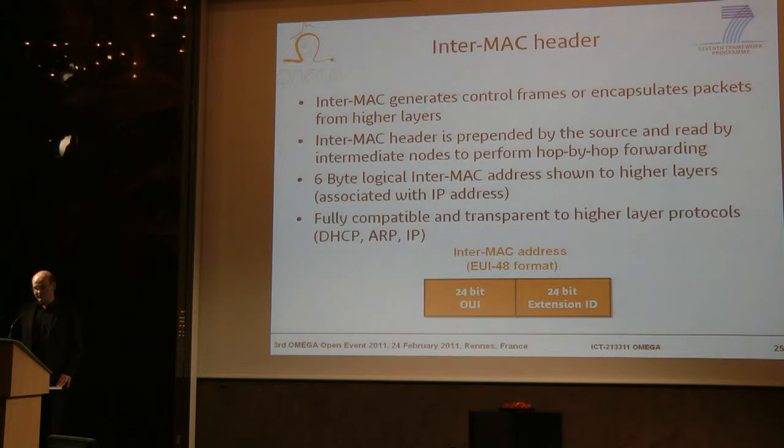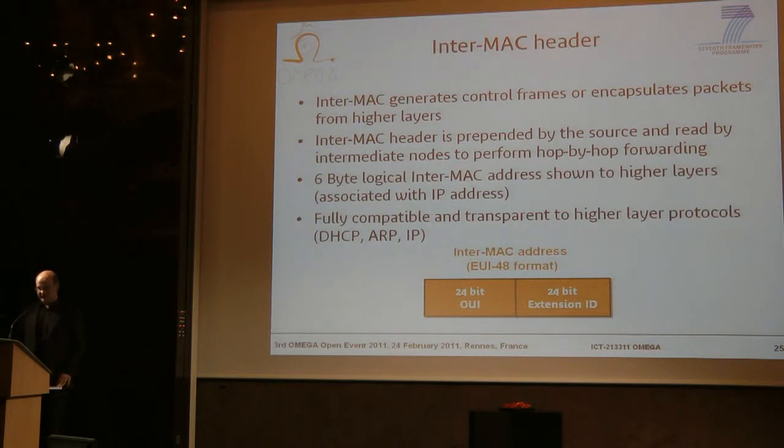And similarly to a standard MAC address, we used a 6-byte logical InterMAC address, which is shown to higher layers and which is associated with the IP address of a device. So we can ensure that the InterMAC is fully compatible and transparent to higher layer protocols for applications like DHCP or the address resolution protocol, for example.